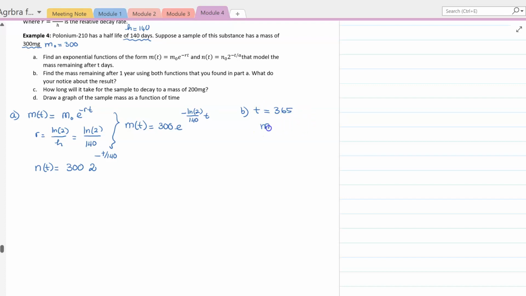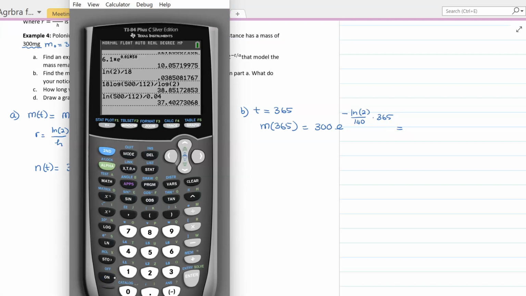That is 1 year. So first formula, M of 365 equals 300 times e to the negative ln of 2 divided by 140 times 365, and that is 49.24, let's make it 2 decimal places.